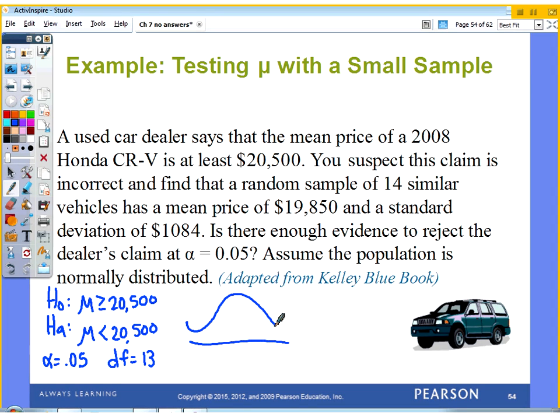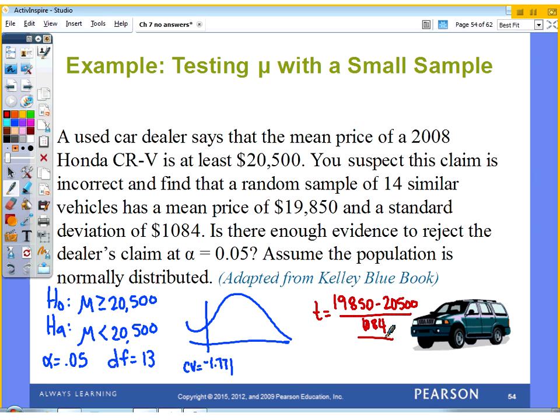So, drawing that t-distribution, it is a left-tailed test. Go into your t-table. For one-tailed, degrees of freedom 13, alpha equal to 0.05, you should get your critical value to be negative 1.771.